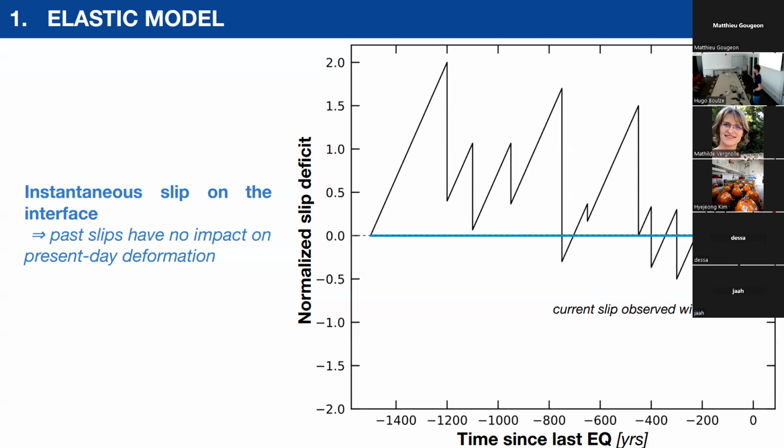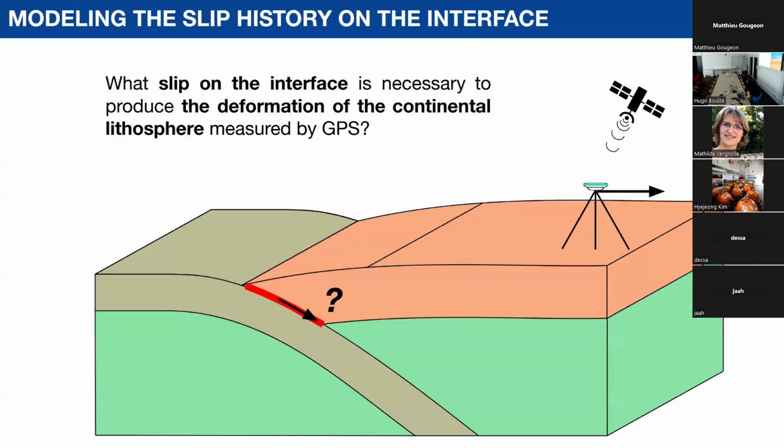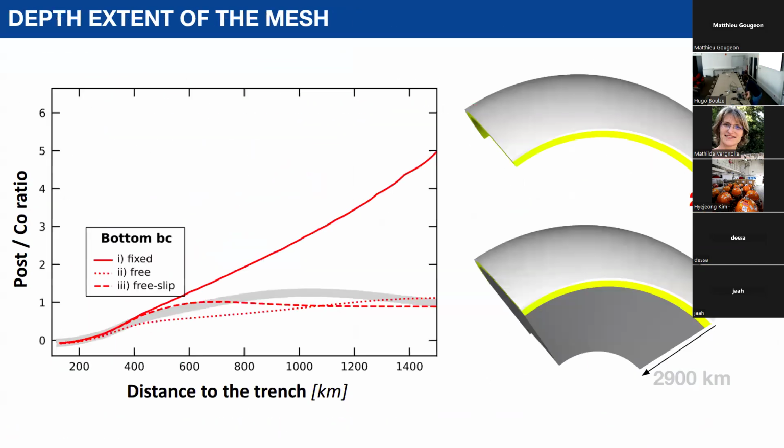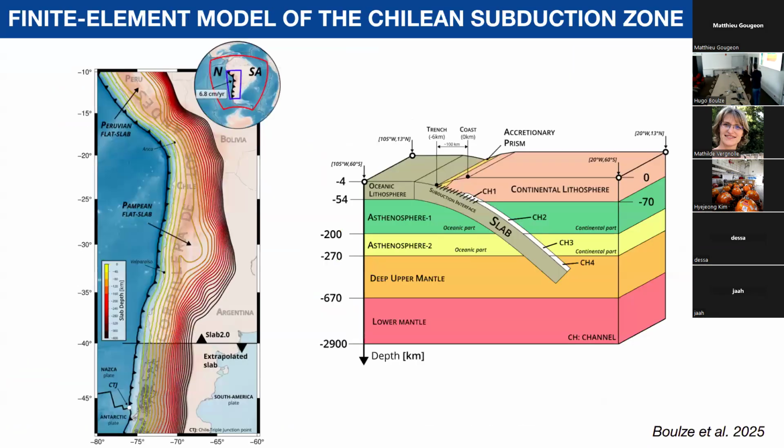But first, maybe I can go back to this. The thing is that the seismogenic zone here, this orange contour line here is 100 kilometer depth.